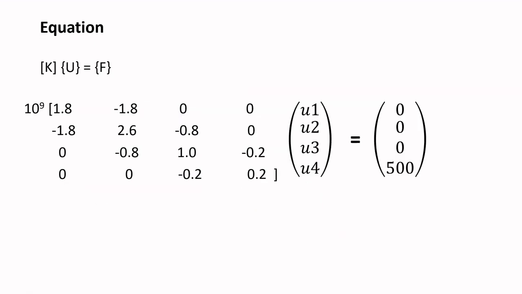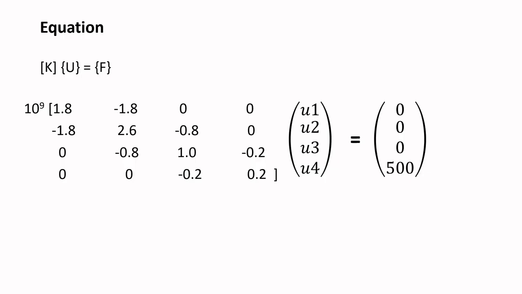And now the finite element analysis equation is K into U is equal to F. So we have the element stiffness matrices clubbed into a global stiffness matrix that multiplied with the nodal displacements U1, U2, U3 and U4 is going to give us the nodal forces.